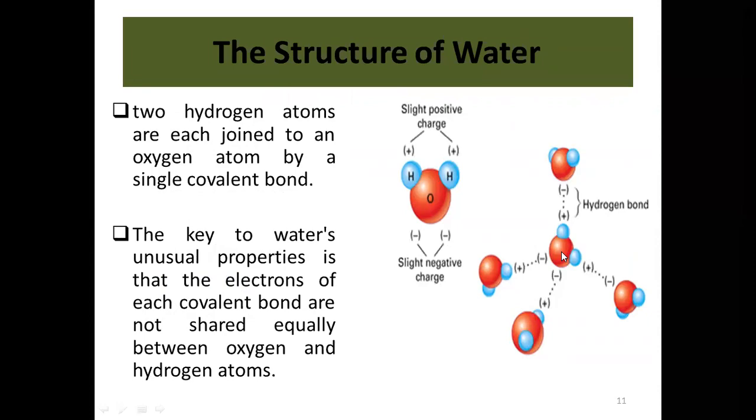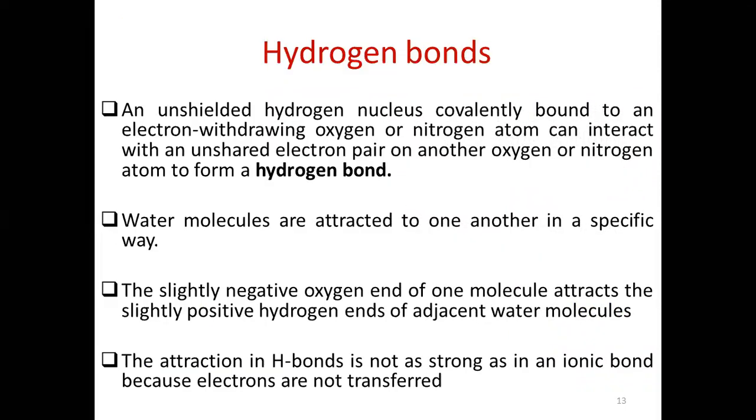So these hydrogen bonds are attractions between atoms in different water molecules. The attraction in hydrogen bonds is not as strong as an ionic bond because electrons are not transferred. Remember that in an ionic bond, there is complete transfer of electrons from one atom to another. But hydrogen bonds, they are covalent in nature, except that they occur between a highly electronegative atom and an electropositive atom.